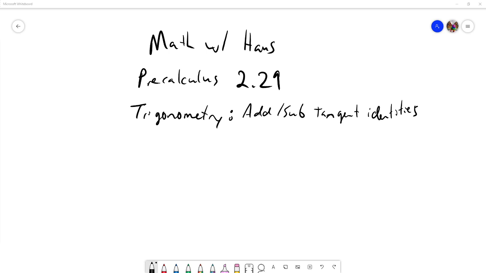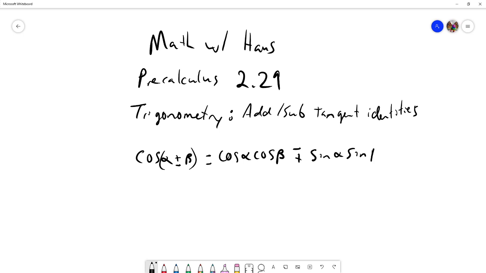We're continuing our investigation of trigonometry, and now we're going to consider the addition, subtraction, tangent identities. So, we've learned previously that cosine of alpha plus or minus beta is equal to cosine alpha cosine beta minus plus sine alpha sine beta.